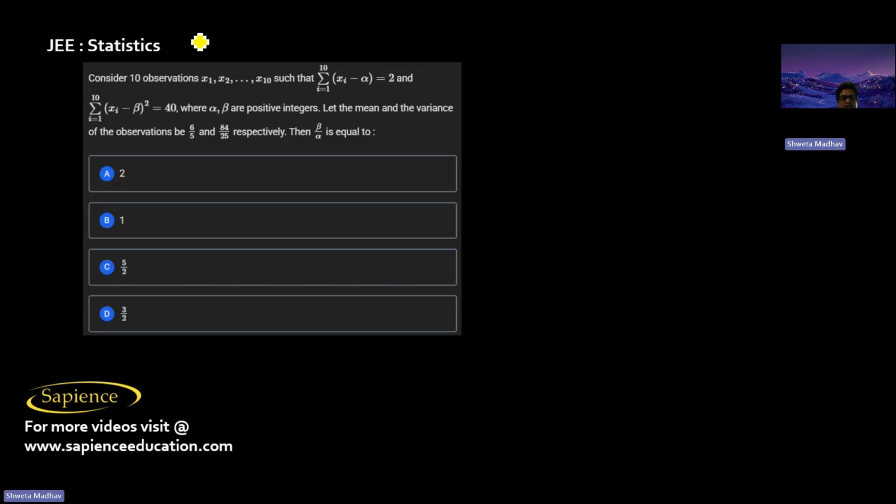Now consider 10 observations x1, x2 to x10 such that summation xi minus alpha is equal to 2 and summation xi minus beta square is equal to 40, where alpha and beta are positive integers.